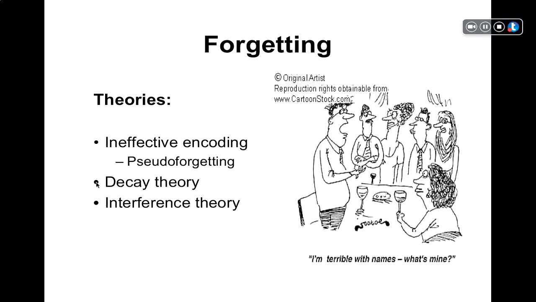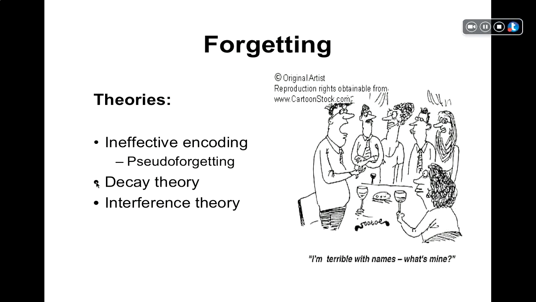Ineffective encoding is the first theory I just want to mention, and in particular pseudo-forgetting. So pseudo-forgetting is really not forgetting at all because you never encoded it into memory in the first place. So the first thing that we talked about in this section is paying attention and how we need to pay attention to encode information into memory.